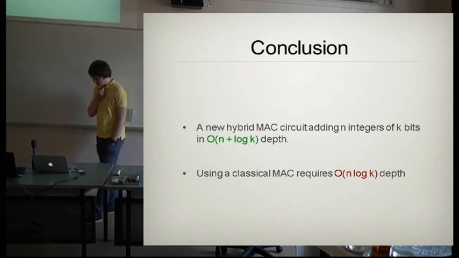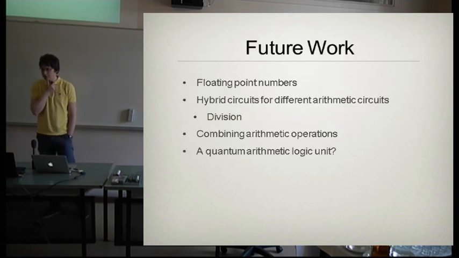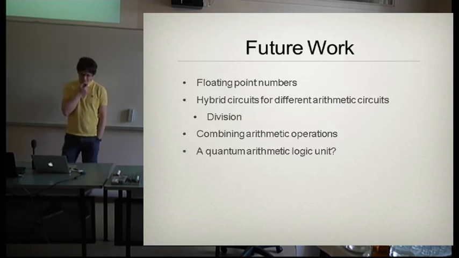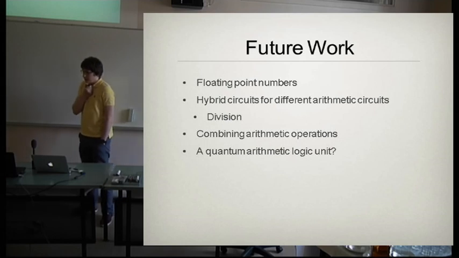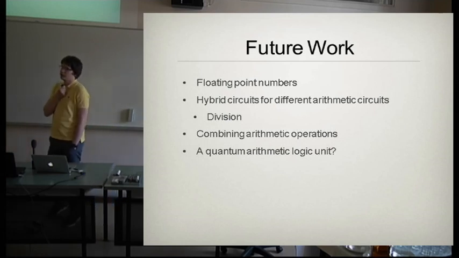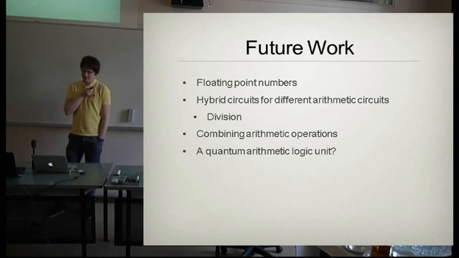So this could be extended to work maybe on floating points, which would be more useful. Then we could try to find some hybrid circuits for other arithmetic operators, like for example division.